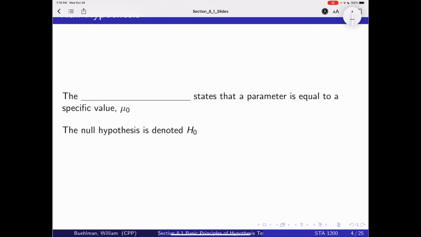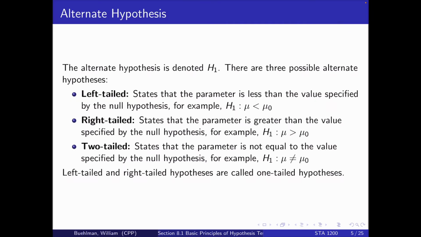The null hypothesis states that a parameter is equal to the specified value mu naught. The null hypothesis is denoted by H sub 0, or we call it H naught. The alternative hypothesis is denoted H1, or in other books you may see Ha.